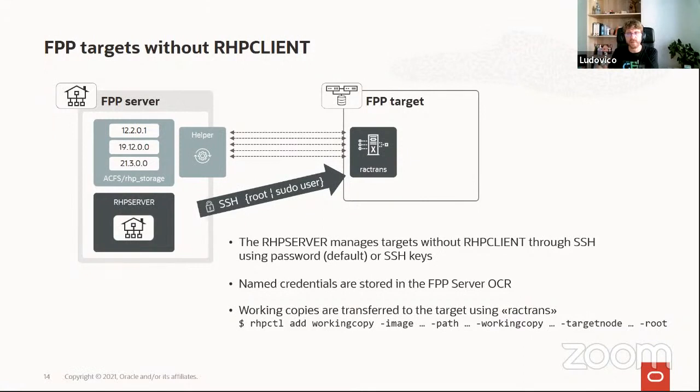And there, rhptrans will open a few ports that FPP can use in parallel to push all the files in parallel. So this makes the copy process fast, even without zipping the Oracle home itself, because the zipping process will add time and will also add CPU load on the server and the target to do the compression and decompression.